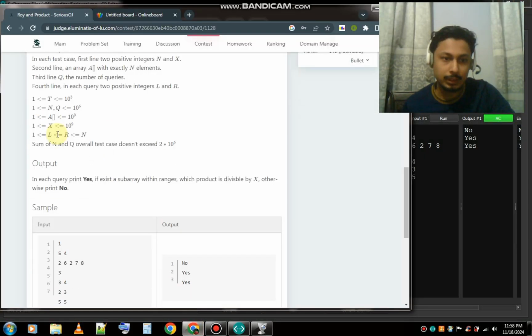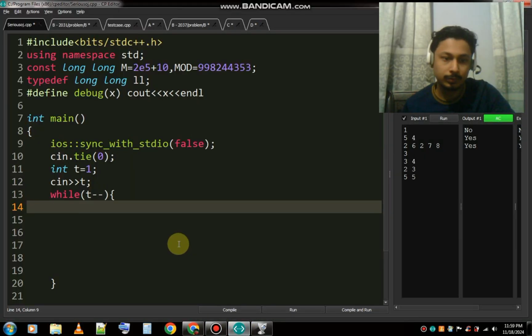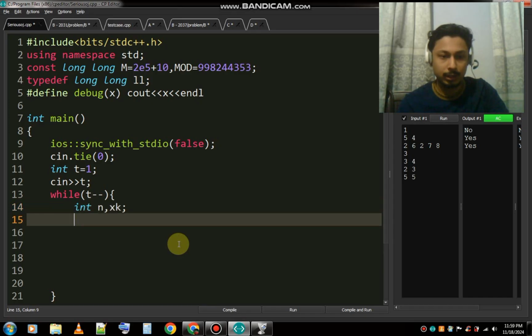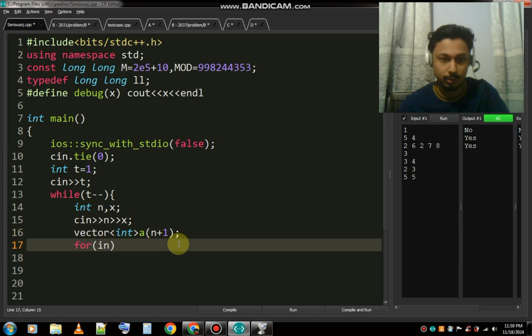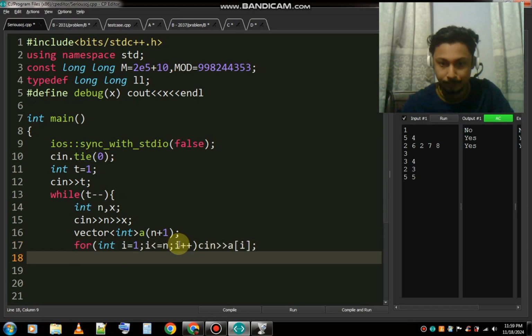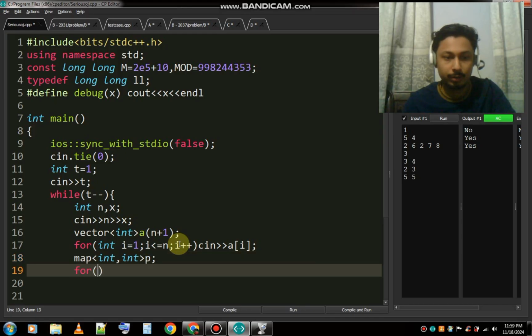So number of test cases, and Q, L, X. Int n, x, cin x and a vector. So first we need to calculate the prime factors of x. A map of prime factors of x.